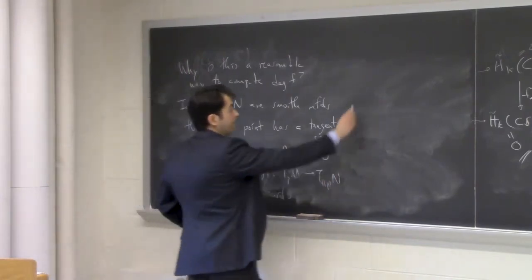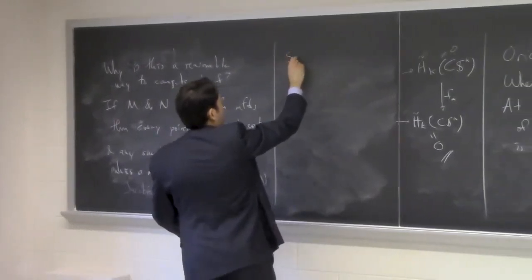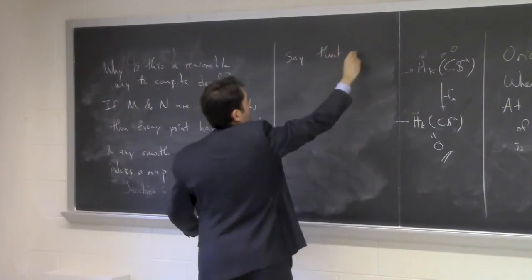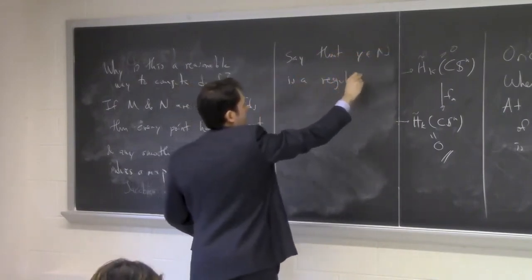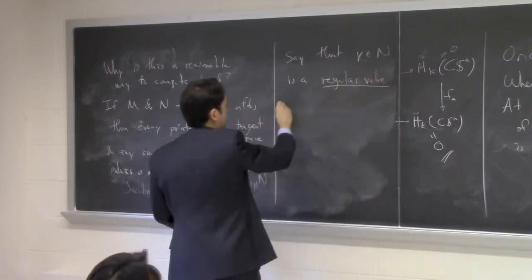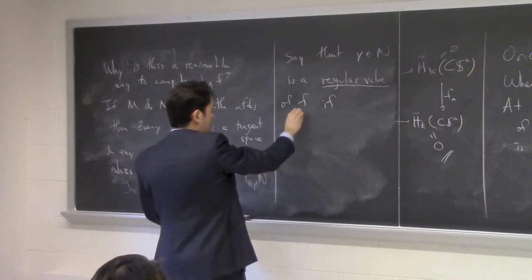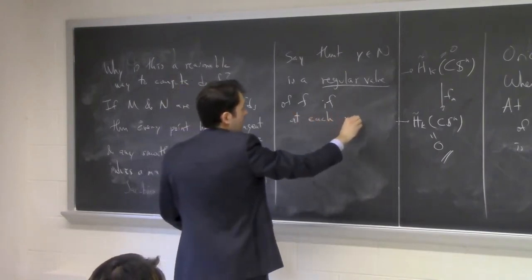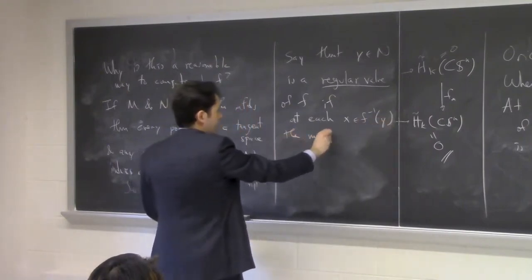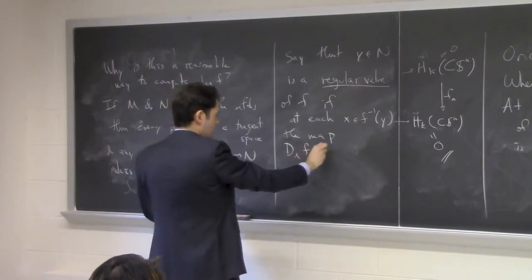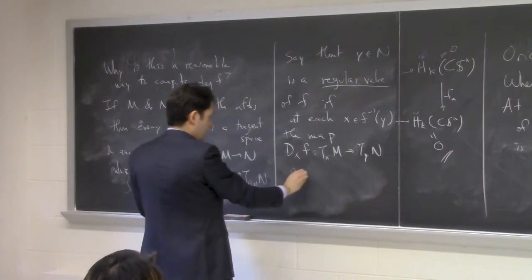Okay, so say that y in N is a regular value of f if at each x in the inverse image, the map is surjective.